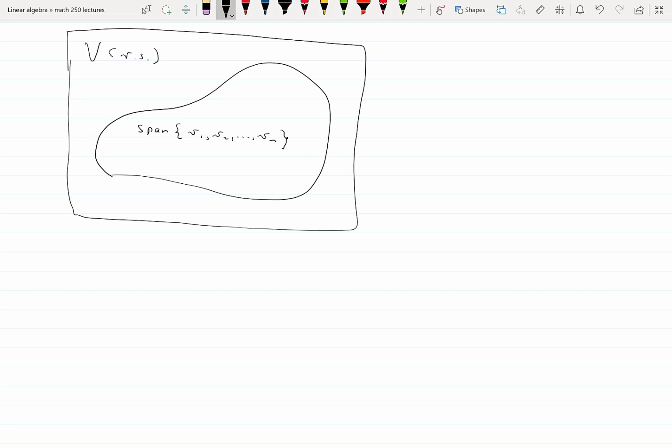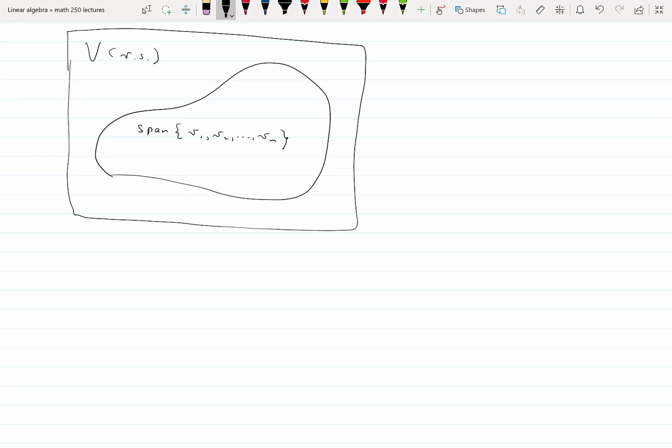What I'd like to do is take a look at the concept of spanning as a verb now. And this is a little difficult for students at first. We've used the word span, or the concept of span, as a noun. The span of a set of vectors is a subspace of a vector space. It's a set of all linear combinations of a few vectors.